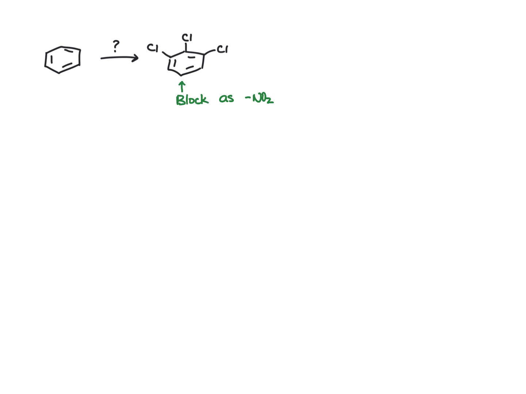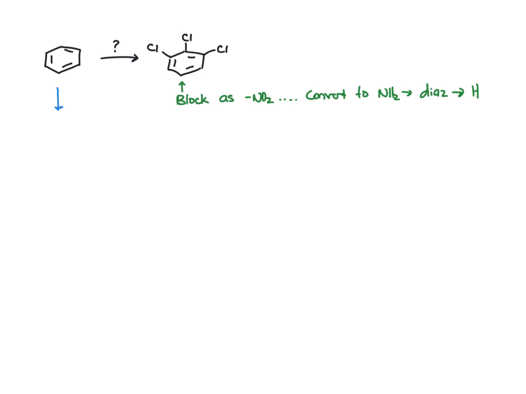And then ultimately, we'll convert it to an NH2, then a diazonium ion, and then a hydrogen, effectively removing it. So it's a temporary blocking group. In order to do that, let's start by putting a nitrogen at the top of the ring, and that will kick off our reaction sequence.